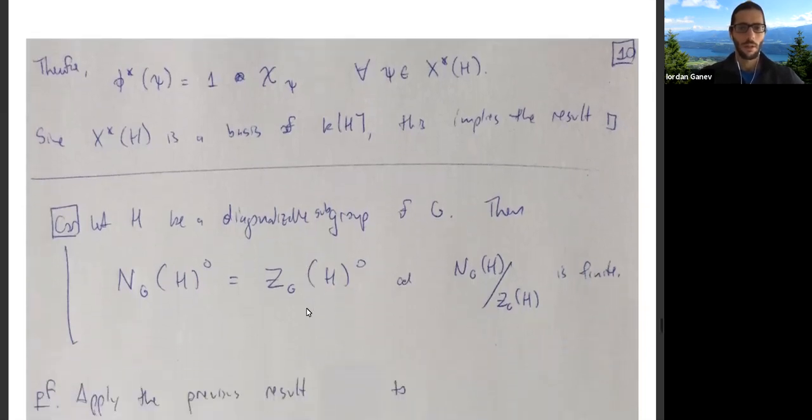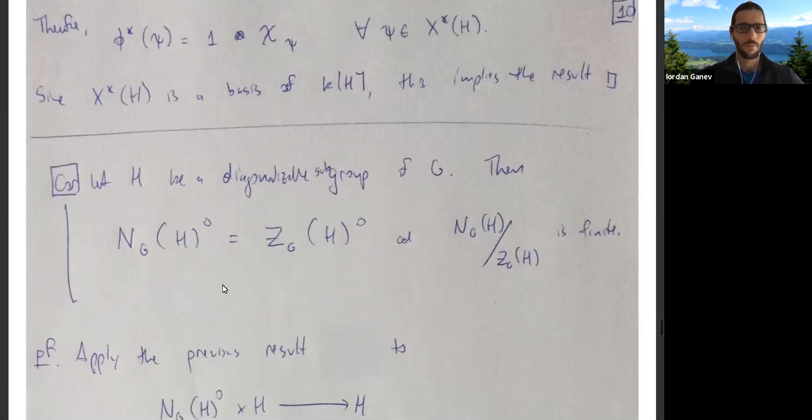And then as a result, we have this corollary: if we have a diagonalizable subgroup H of any linear algebraic group, then the connected component of the normalizer of H coincides with the connected component of the centralizer of H, and this group is finite.